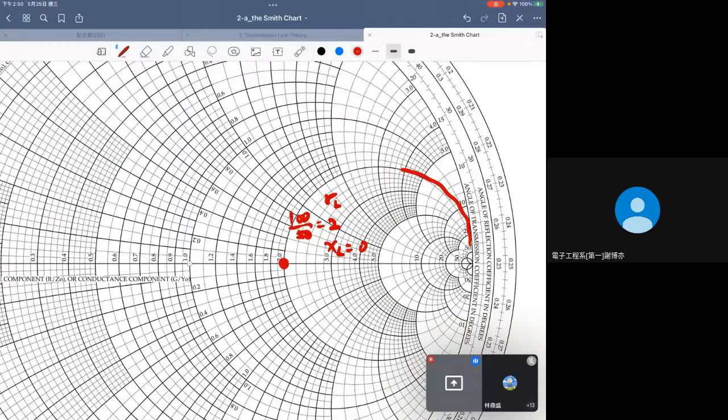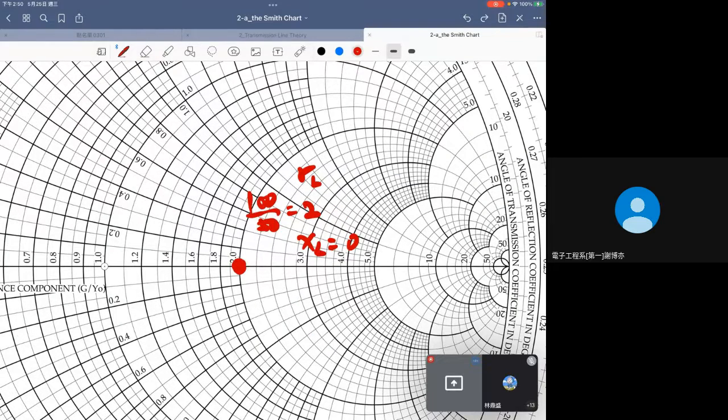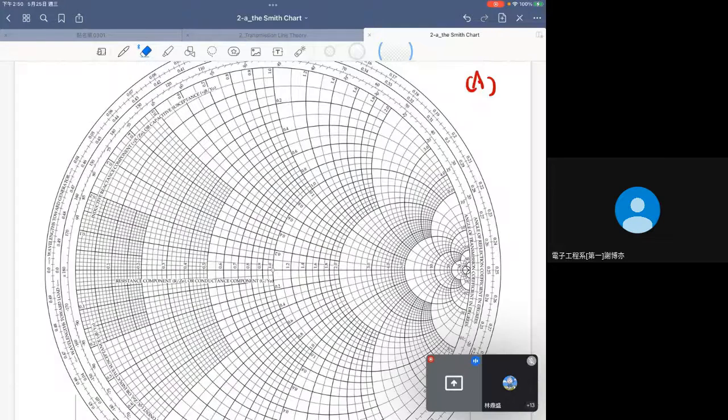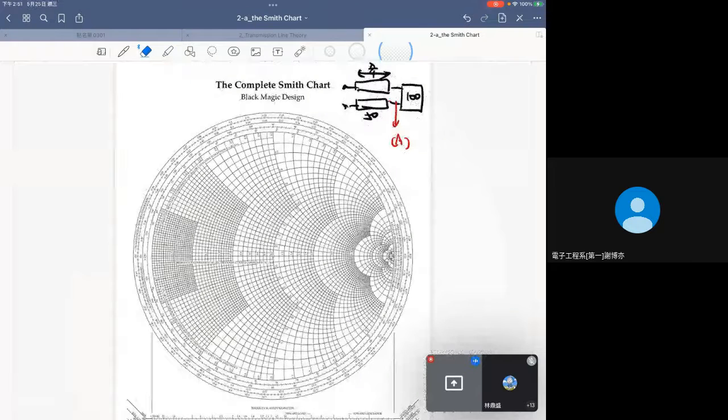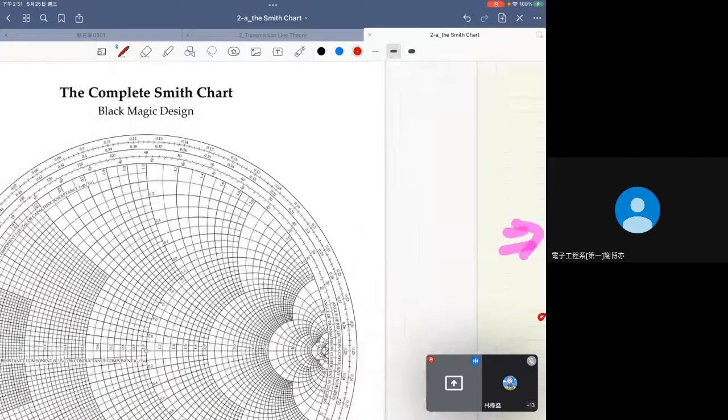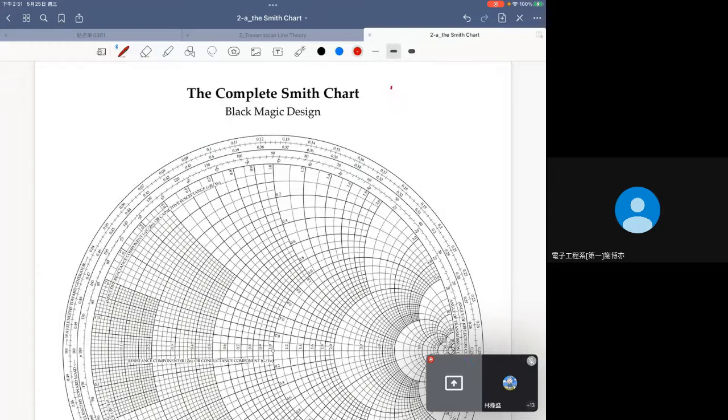For this circle, let me give you a question as an example. Everyone, you can take a picture of your chart. I just want to ask a quick question.